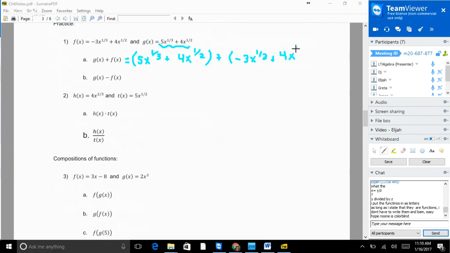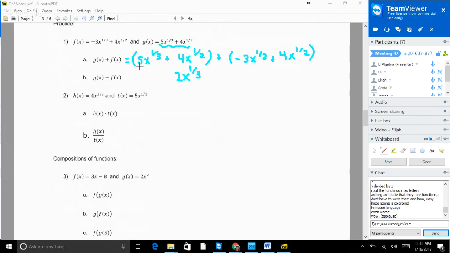So if I want to add these two functions together, guess what I do? I add them together. So 5x to the 1/3 power plus negative 3x to the 1/3 power would give me 2x to the 1/3 power. I'm just adding like terms, just like we have done.